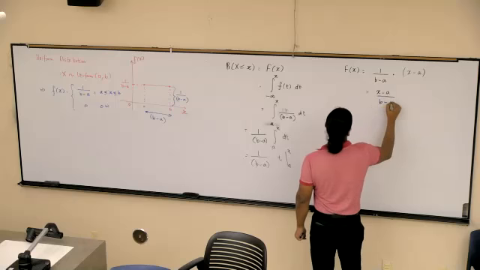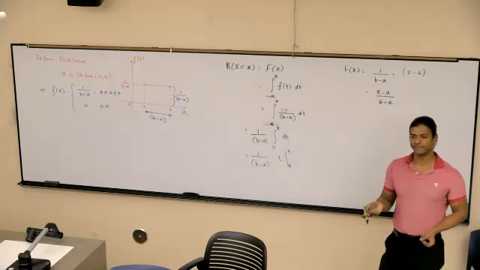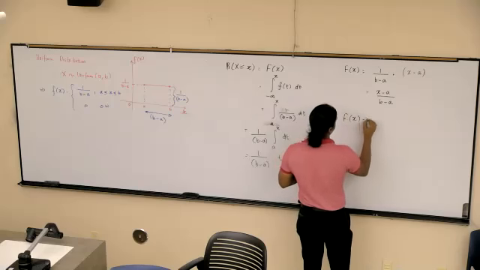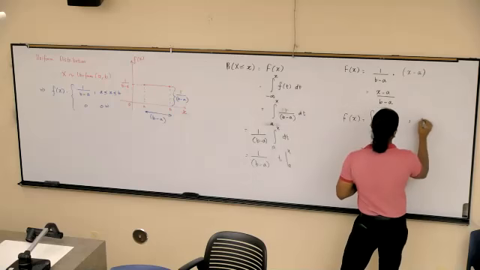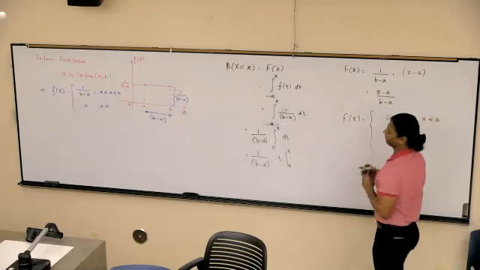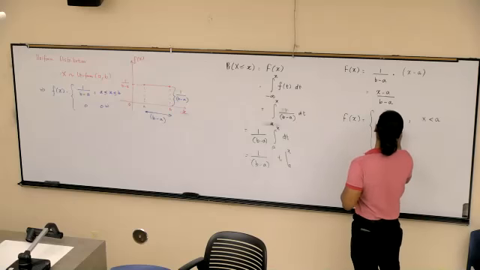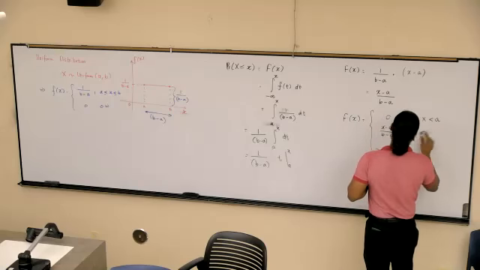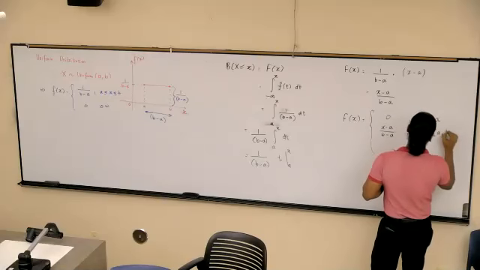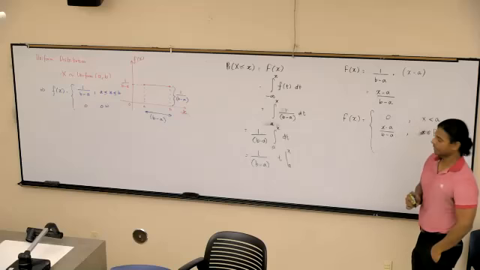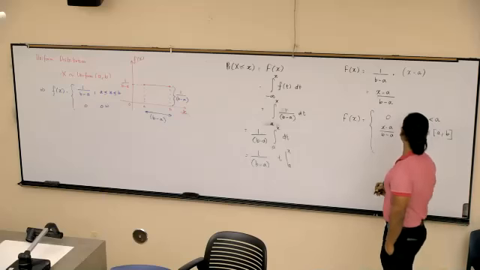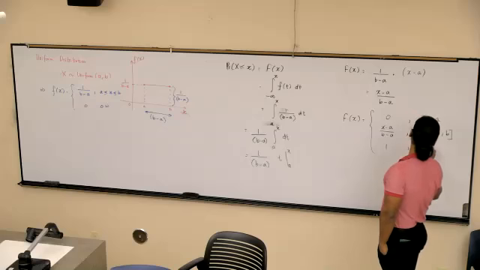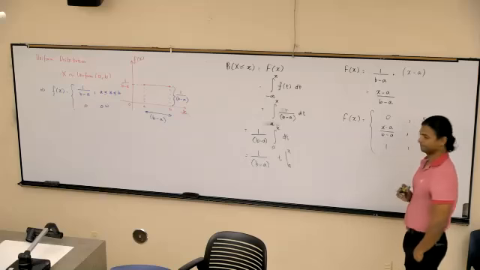But we can't just leave it there because it's not properly defined. So the way we properly define this is F of x is equal to 0 for x less than a, x minus a divided by b minus a for x in a comma b, and 1 for x greater than b.